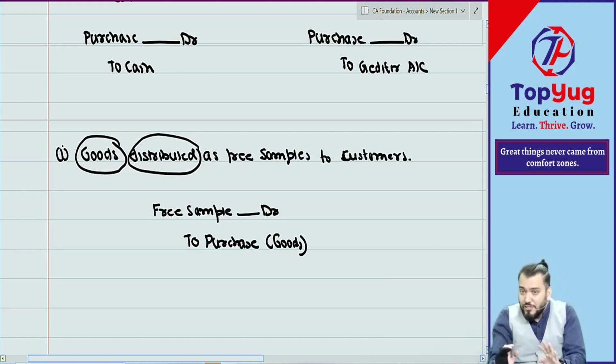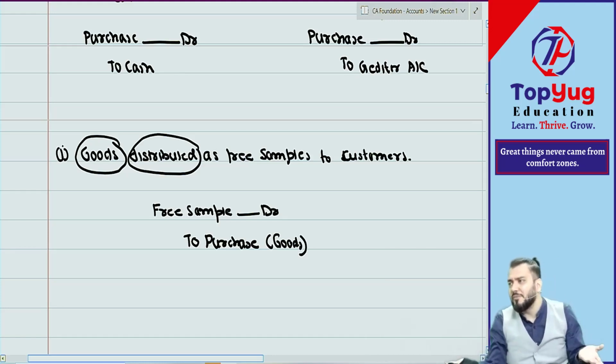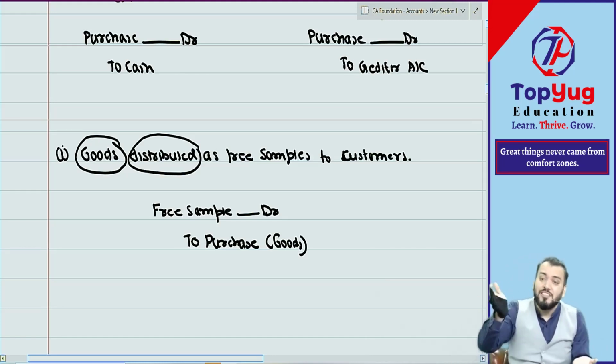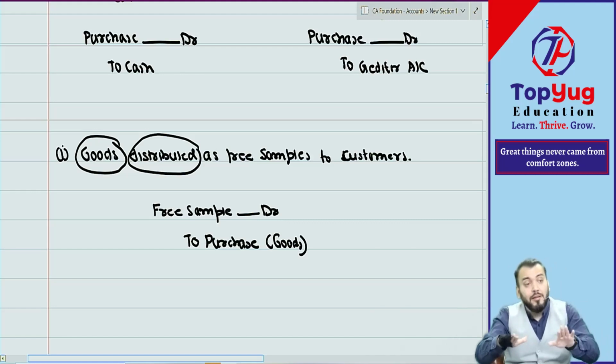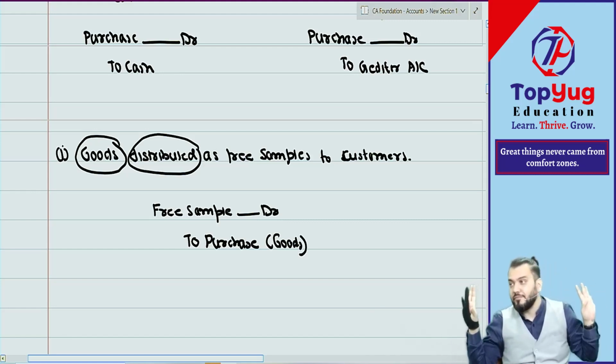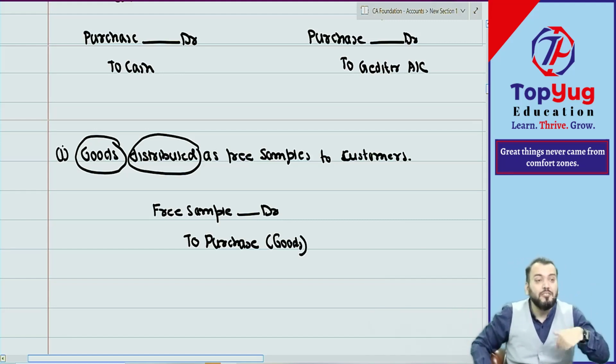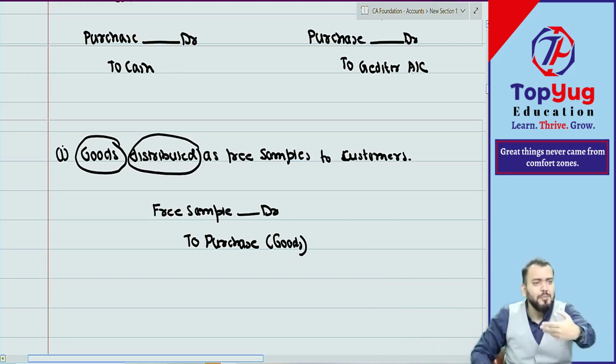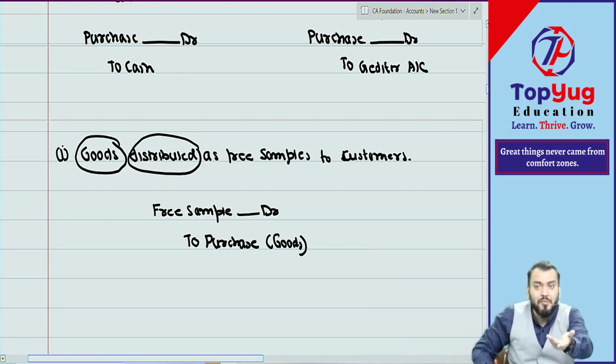Once you have distributed a free sample to the customer, is any amount receivable from the customer? You have given goods as a free sample, nothing is received. Free means free. So nothing is receivable from that customer. So will you open a customer account? The customer account will not be opened.